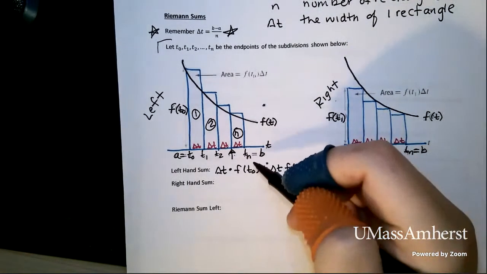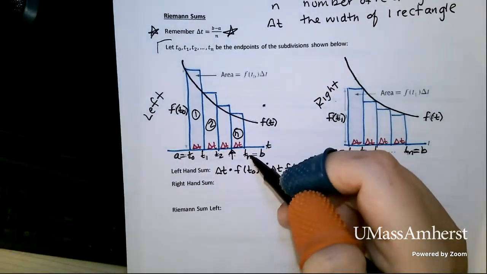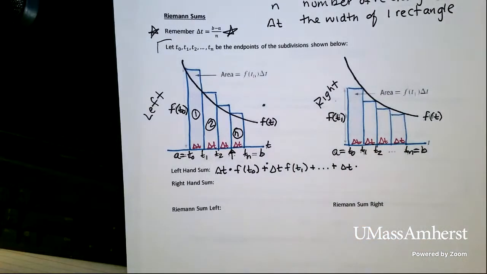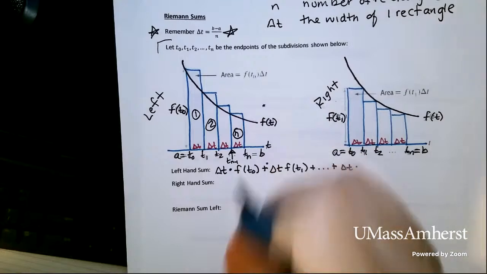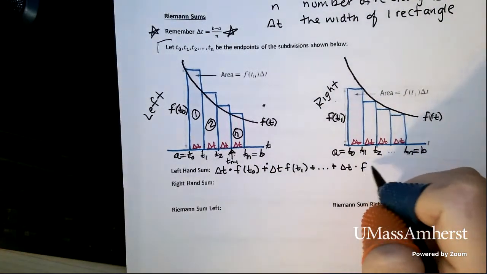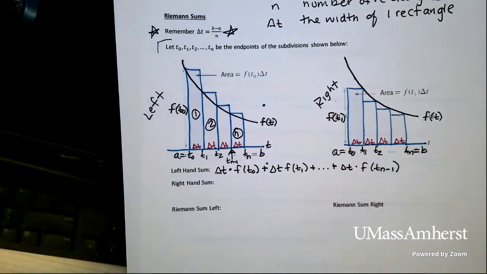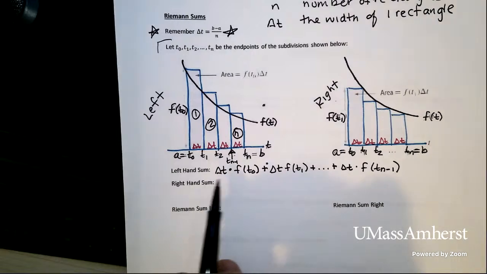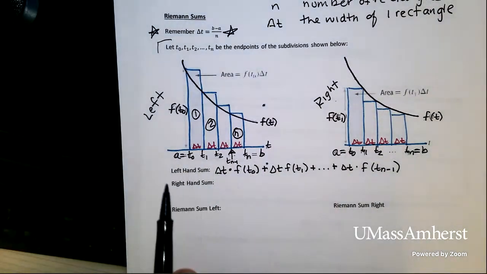We know the last one is t sub n. So the one before it is t sub n minus 1. Right? That's the one before the last one, which means that this height is f of t sub n minus 1. So this is how we write a left-hand sum in a generalized way.